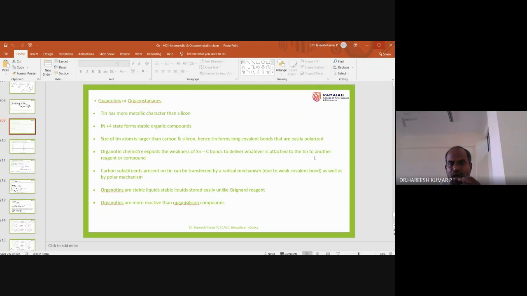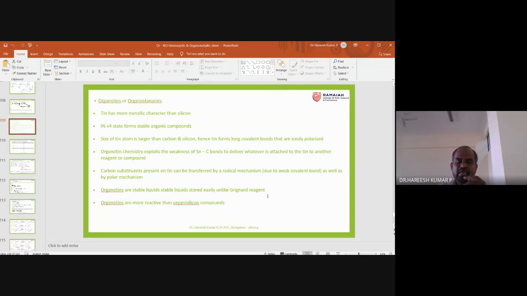Organotins are stable liquids, stored easily, unlike Grignard reagents. Grignard reagents are moisture sensitive, so storage is difficult. Why?